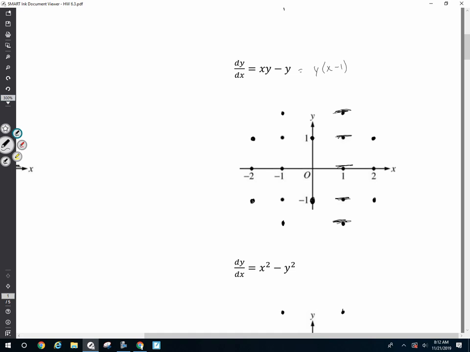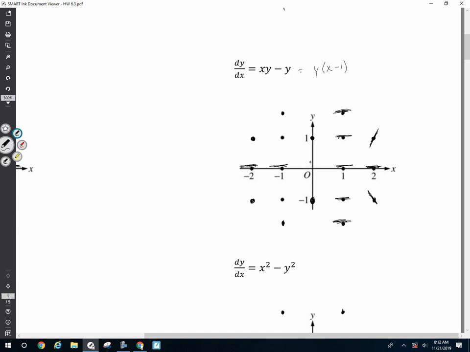It's like that. Maybe. So when x is 2, I'm just going to have 1 times y. So another 0. Whenever y is 0, this will be 0, so that's easy.